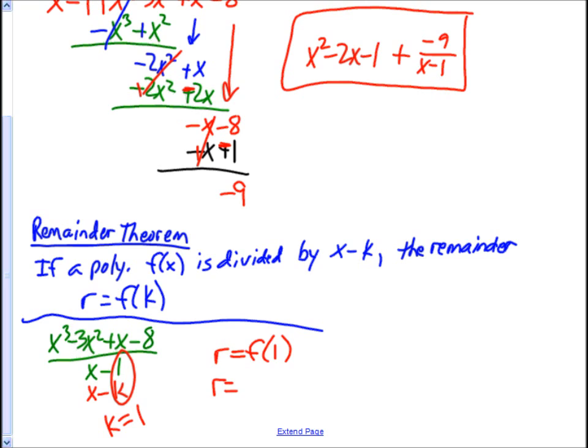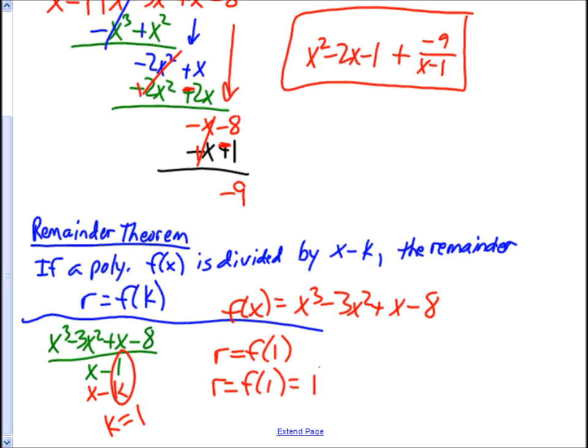Let's figure out our remainder. So what was our f of x? What was our original dividend? Well, remember, f of x was x cubed minus 3x squared plus x minus 8. So I'm really just plugging it into that, right?